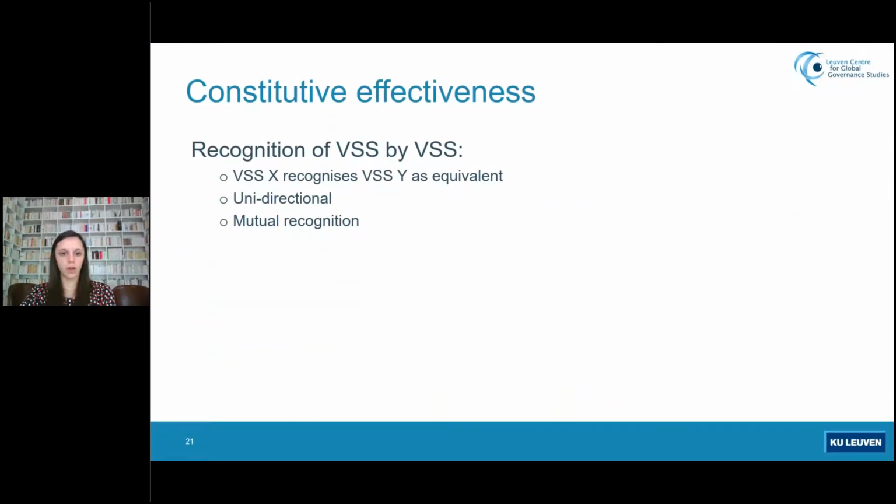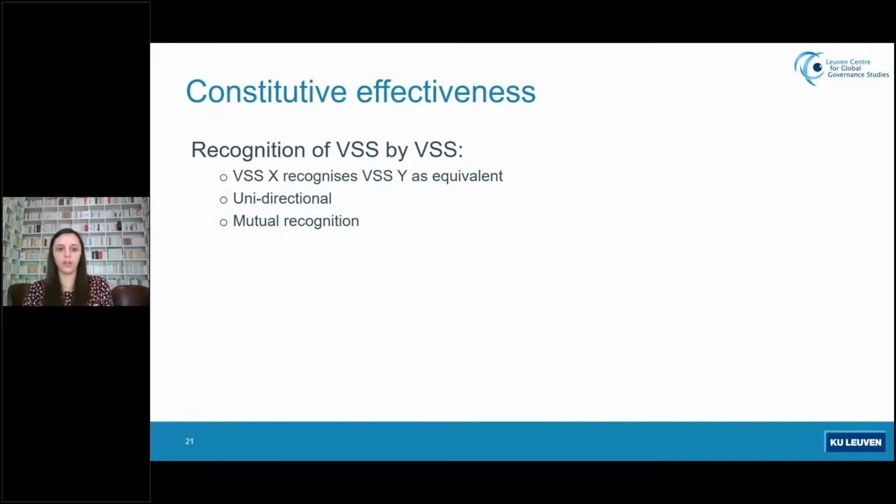So now about the recognition of VSS by VSS themselves. It's also very important because recognition of VSS means that one VSS recognizes another VSS as being equivalent.